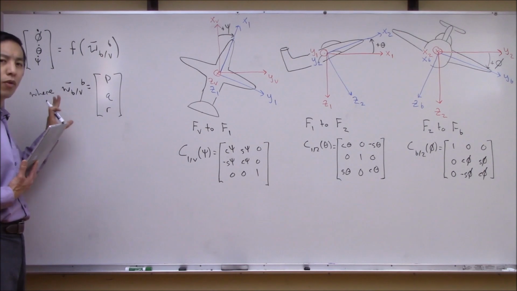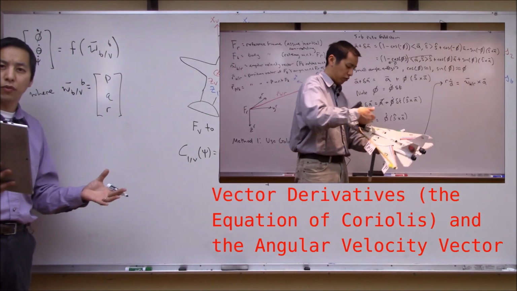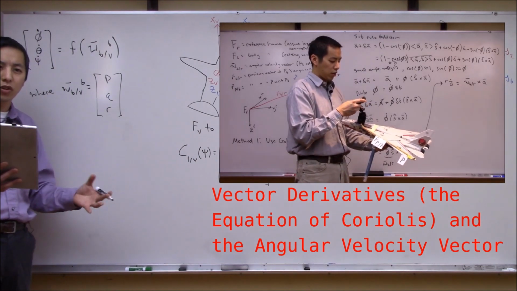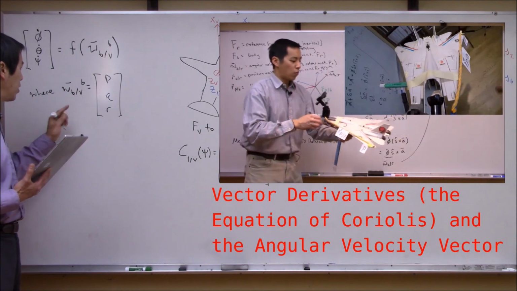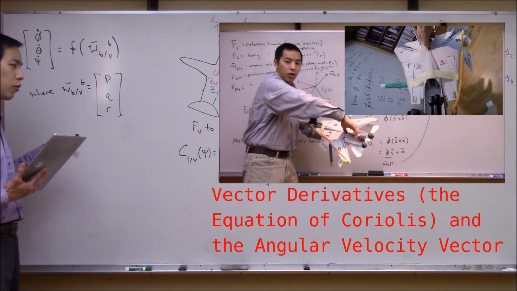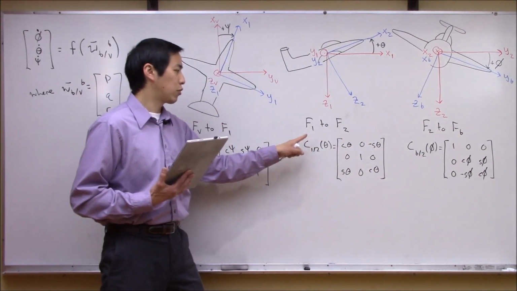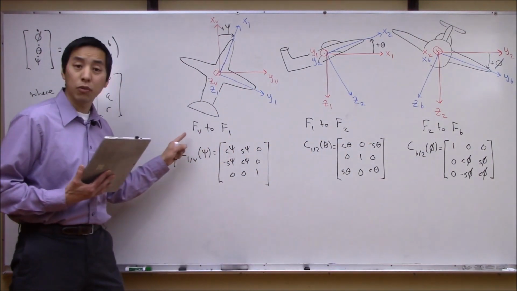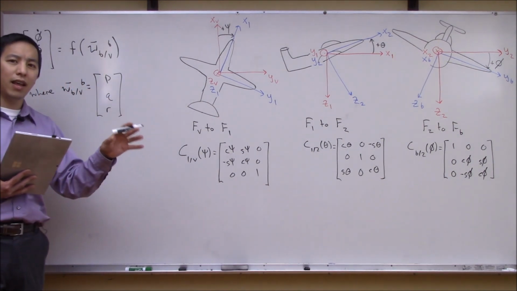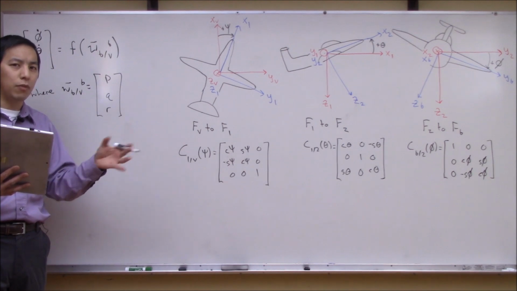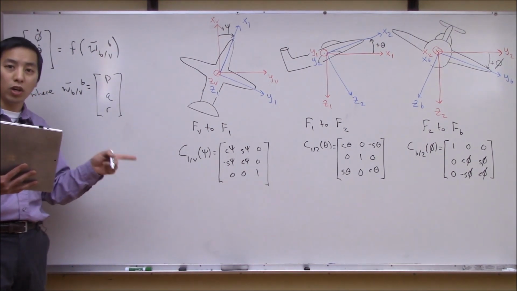In our other video where we discussed the equation of Coriolis as well as the angular velocity vector, we discussed a property: if I know how B is rotating with respect to an intermediate frame like the 2 frame, and how the 2 frame is rotating with respect to the 1 frame, and how the 1 frame is rotating with respect to the northeast down frame, I can stitch all of those together. We stated that a little bit without proof, but if you watch that other video, you should have enough information to piece it together.